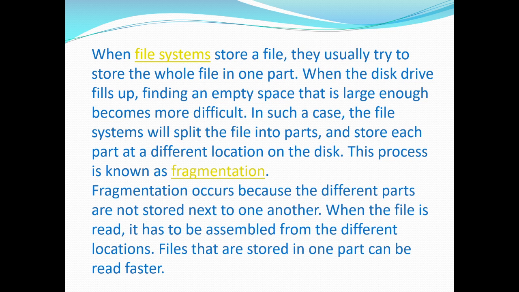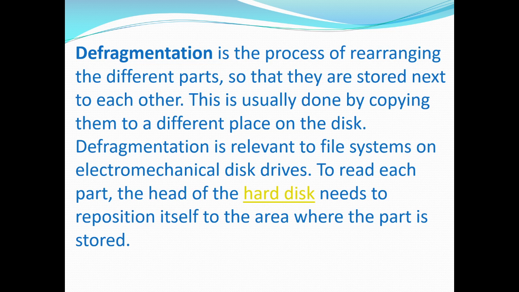When the file is read, it has to be assembled from different locations, and files that are stored in one part can be read faster than a file which needs to be assembled first and then read. So defragmentation is the process of rearranging the different parts so that they are stored next to each other. This is usually done by copying them to a different place on the disk.